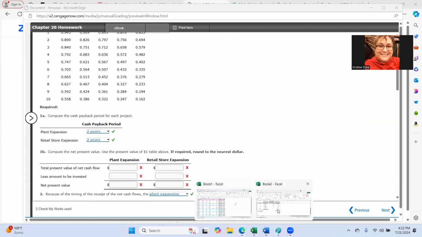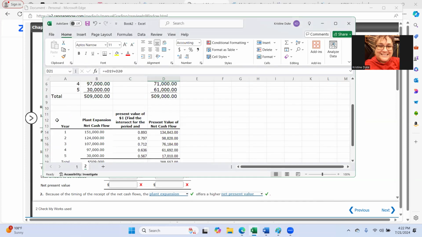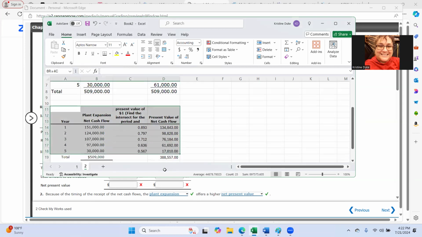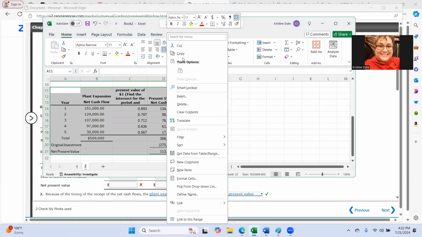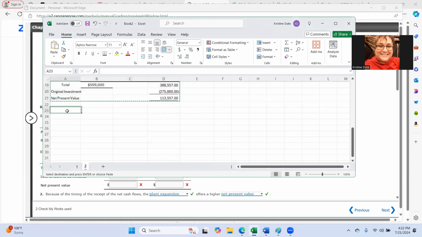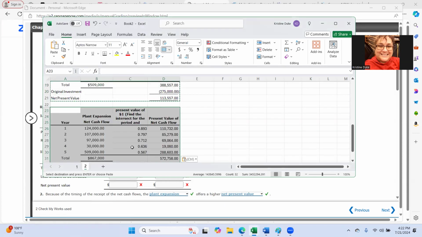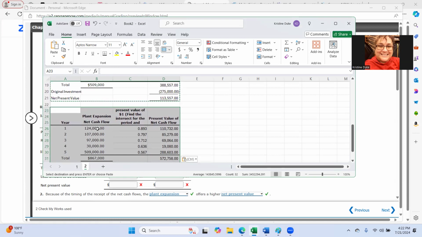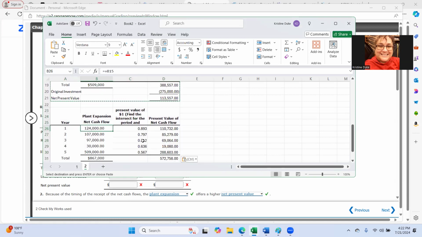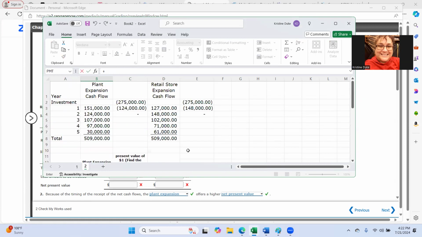So let me go ahead and do the same thing for this one right here. I'm going to grab it. And again, when you're copying and pasting, you can see it's not really quite matching up nice and pretty. So what I'm going to do, my factors are not correct. How do I know that? Because I copied them from a 12%.